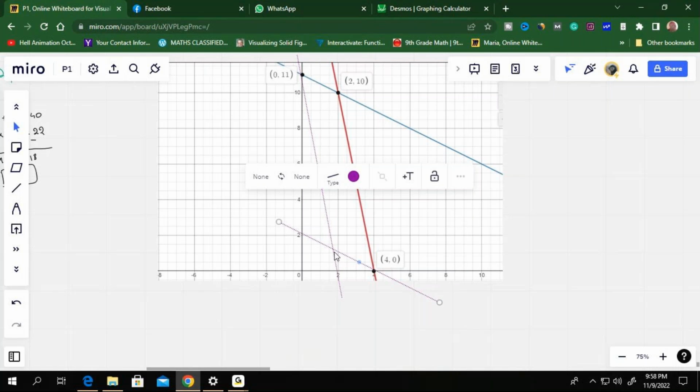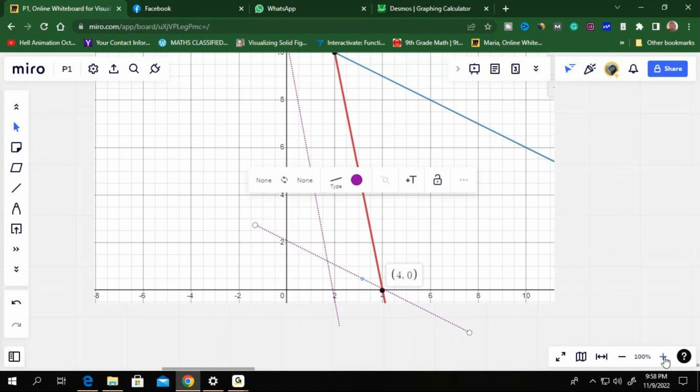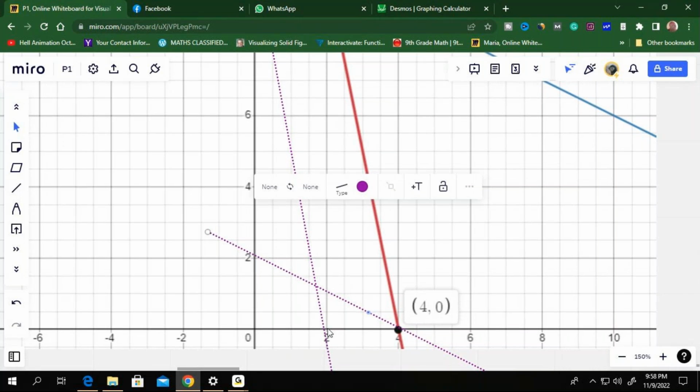Okay, it is exactly parallel. So this is going to be the point of intersection. This is going to be the point, you can see. So it is lying in the first quadrant. So minus 2, 21 doesn't make any sense.